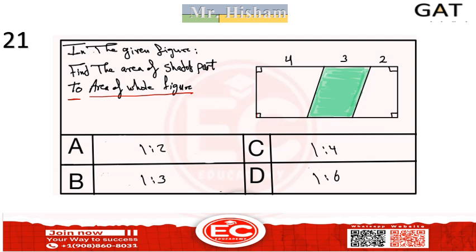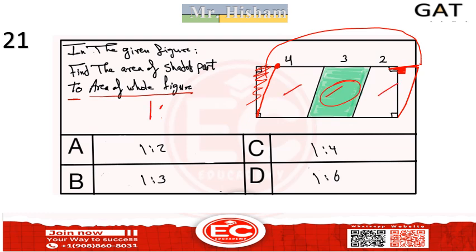One of my students told me an easy way: if you draw this side and take this triangle to this side, you will have 3 parallelograms. The green one represents a third of them, so it's 1 to 3, so the right answer is B, which is much easier.